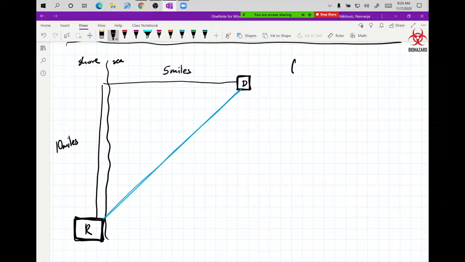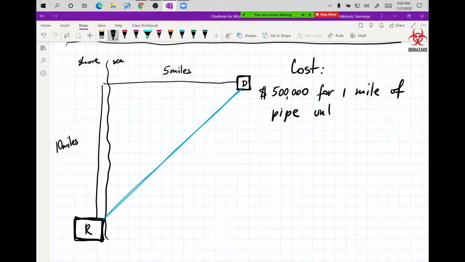Now I'm going to make up these numbers so we can talk about cost and put some numbers down there. Let's go with $500,000 for 1 mile of pipe underwater. I'm making this up. I don't know how much it is.